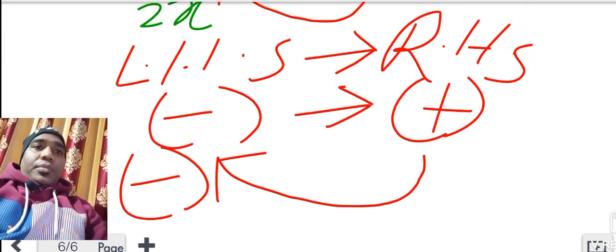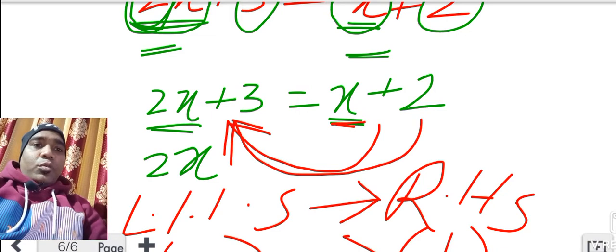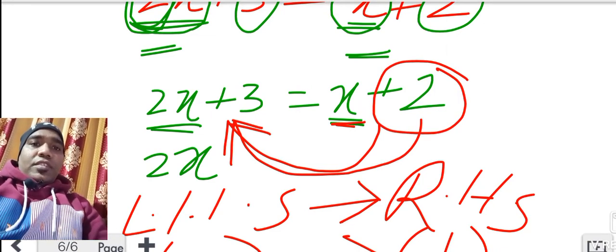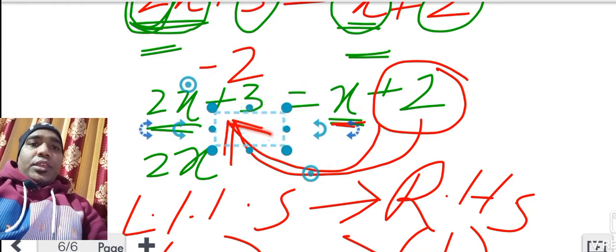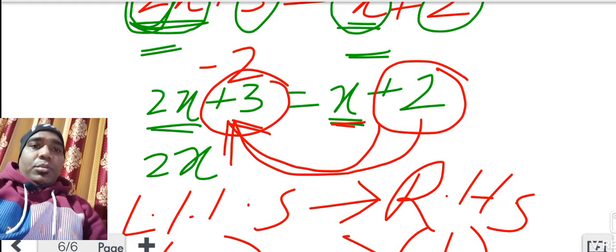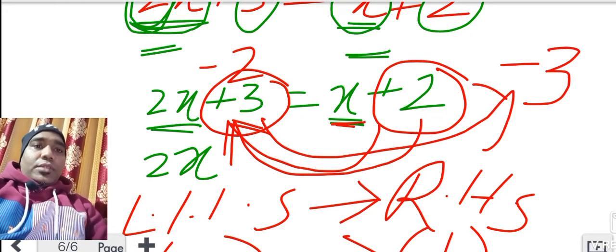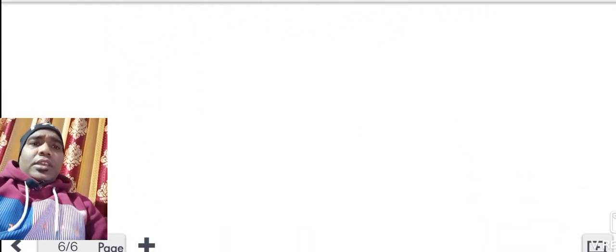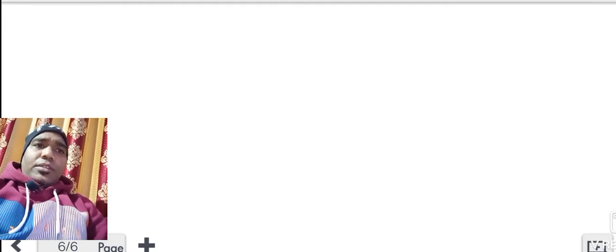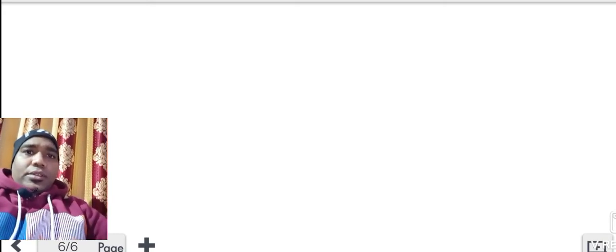Suppose if this 2 comes to this side, 2 is in plus, so it will become minus 2. If we bring this plus 3 to the RHS, it will become minus 3. This rule you must have studied in class 6 and 7, just for your revision I am telling this part.